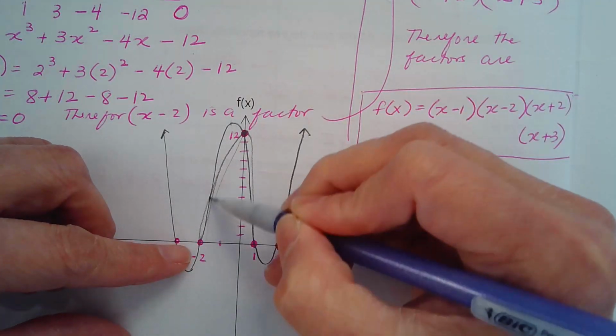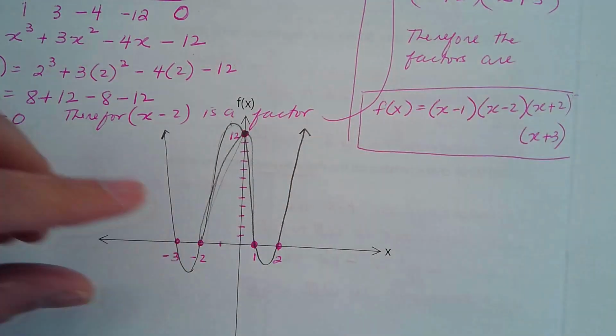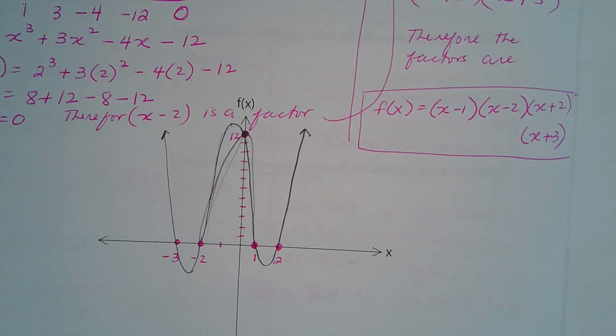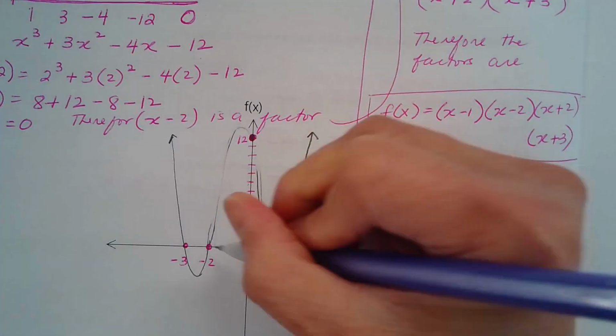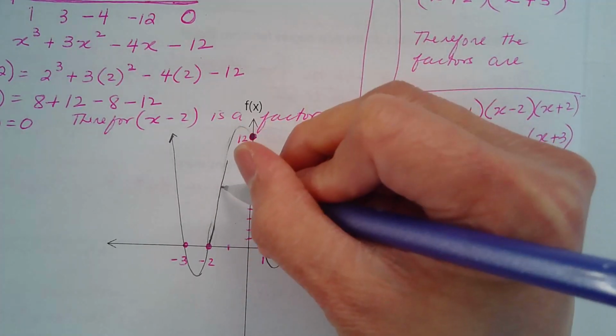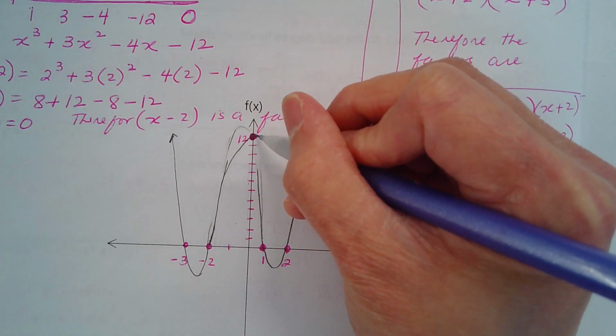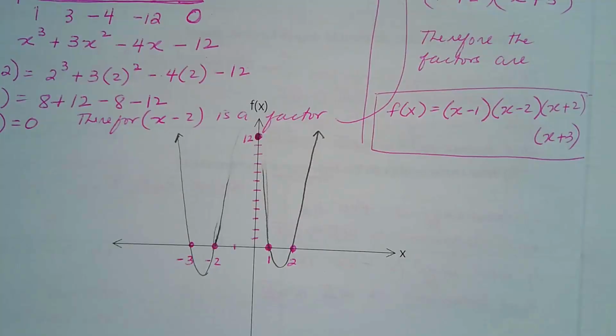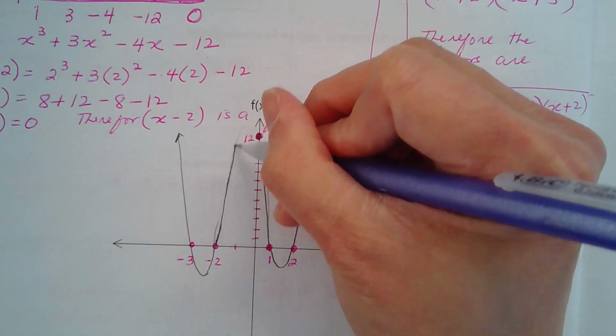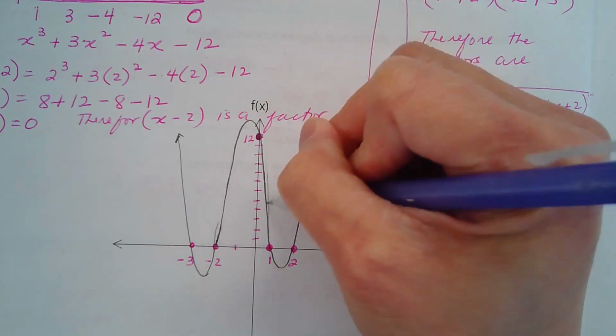So it's actually going to go up and then back down to hit the y-intercept at 12. I think I know what you're talking about. Like it should go like this, right? Yeah. And then go back down from there, shouldn't it? No, it will go up first and then go back down here.